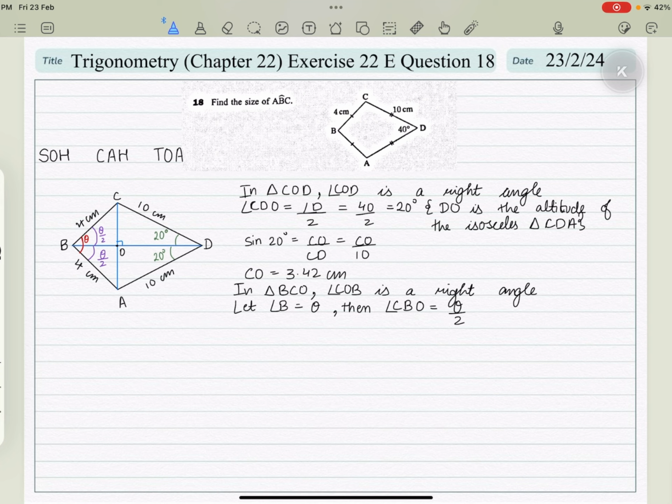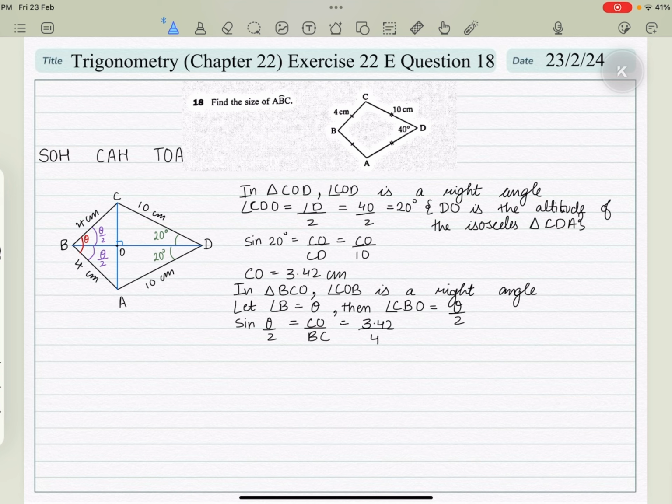And then we can state that we know the opposite, we know the hypotenuse, so we can use sine again, and we can say that sine theta by 2 is equal to CO, that is the opposite, upon the hypotenuse, that is BC. That would give us CO, that is 3.42, upon BC, that is 4.